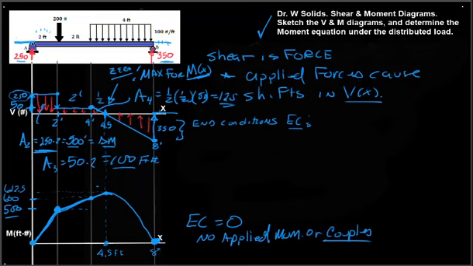A sketch is a rough representation, but we do want to label all the peaks, the maximums, and the 0 crossing points, because they're what's important. Our beam has a peak moment of 612.5 foot-pounds, and it experiences a peak shear of 350 at the right hand support.